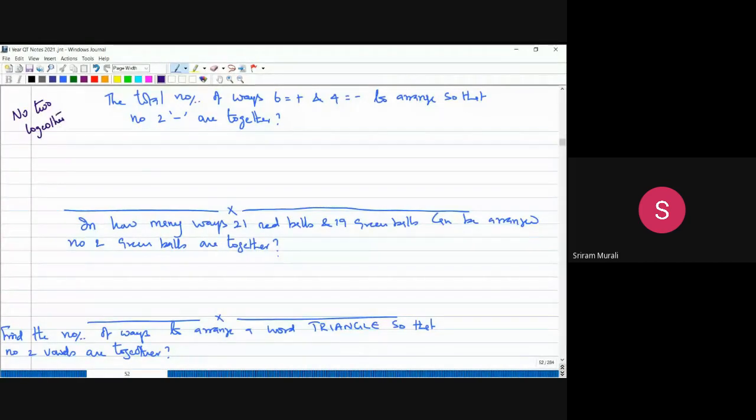I ask you a basic question: to get an arrangement together, how many are required at minimum? Two, sir. So no two together means that at minimum two are not together. That is what they are trying to mean.